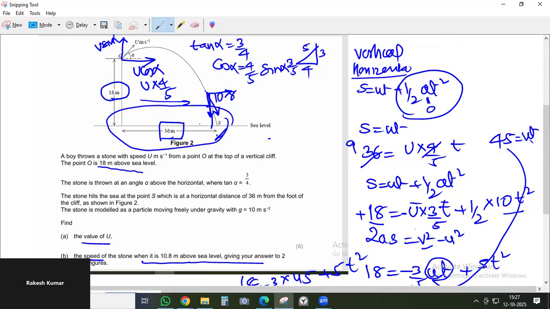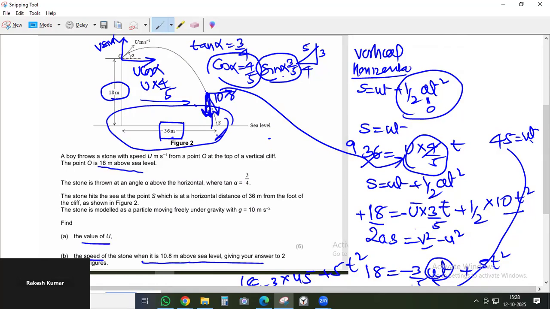The horizontal component doesn't change. Yeah, u into 4 by 5. This component I know. The other component also I know because sine alpha I know. But I have to find this.